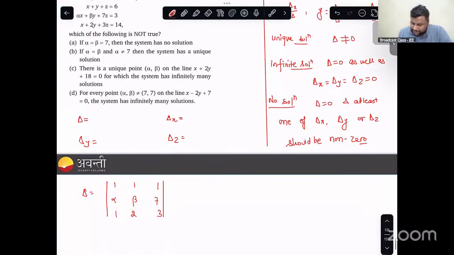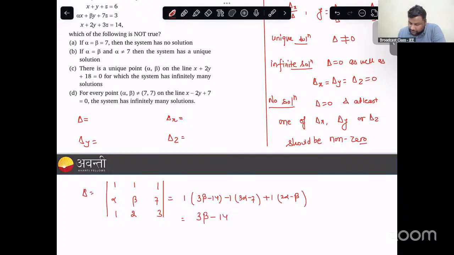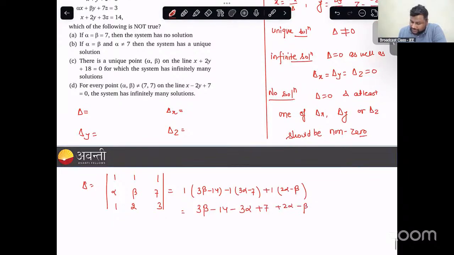Directly I will expand it. That is 1 times 3 beta minus 14, minus 1 times 3 alpha minus 7, plus 1 times 2 alpha minus beta. So it is 3 beta minus 14 minus 3 alpha plus 7 plus 2 alpha minus beta.